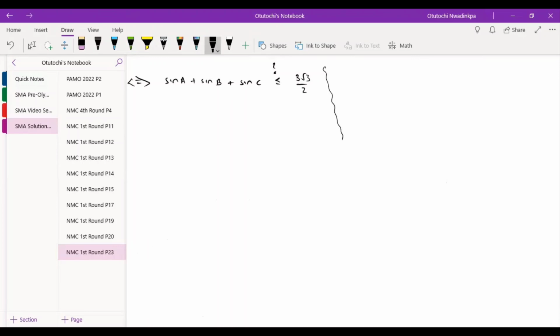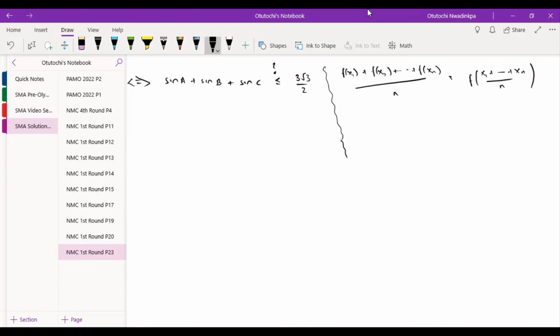Now the Jensen inequality says that if a function f is convex in interval I, then, not actually Jensen inequality, but a corollary, says that f of x1 plus f of x2 up to f of xn over n is greater than or equal to f of x1 up to xn over n. Now this is for if f is convex, right?